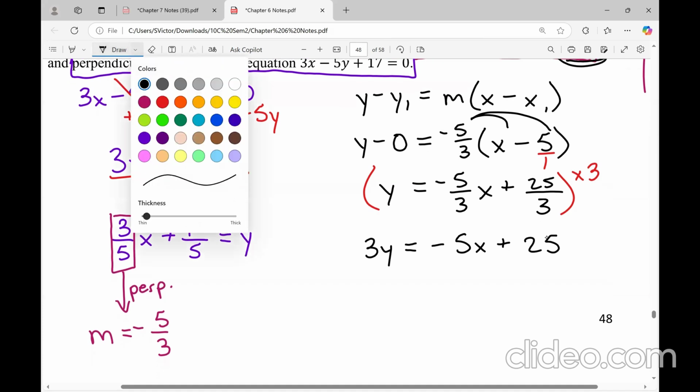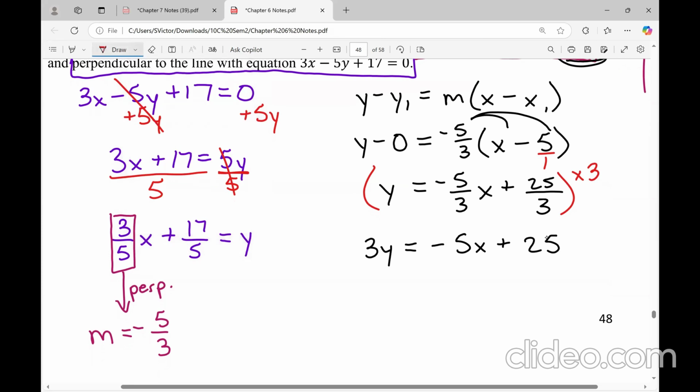We want to move everything to one side so that our x term is positive. Right now, my x term is negative. So to make it positive, we're going to move it over. So to move it over, we're going to have to add 5x. That's where my plus 5x comes from. And then we're also going to have to move the 25 over. So right now it's plus 25.